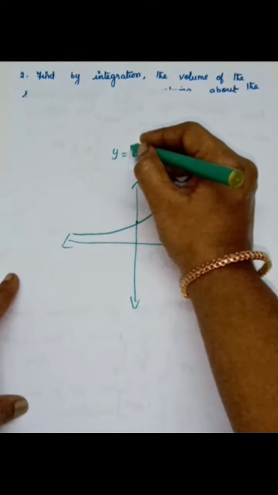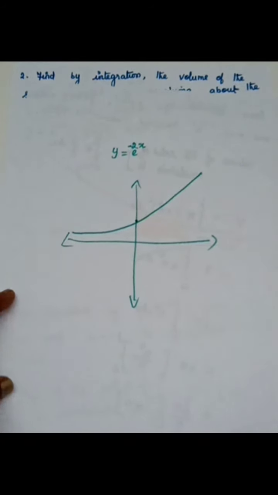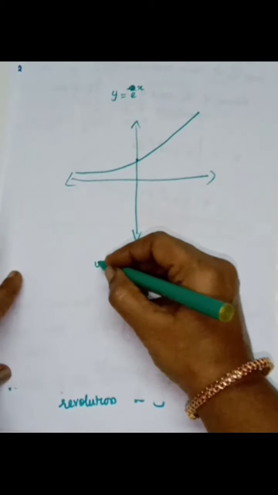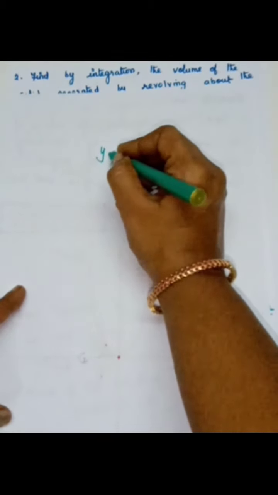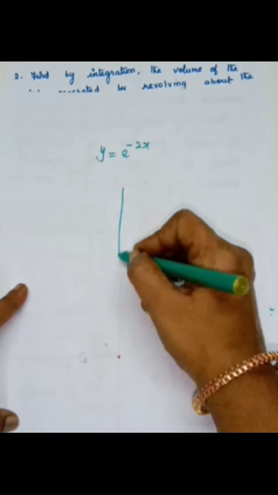So here you are having e power minus 2x. This is e power x I have drawn. Here the given curve is y is equal to e power minus 2x. So how will the curve be?